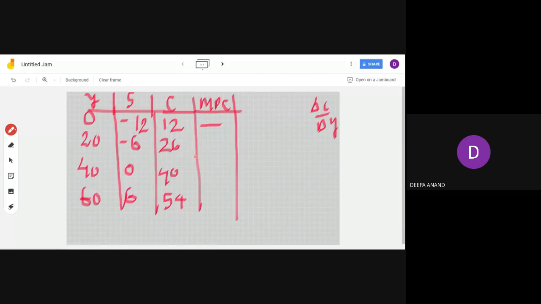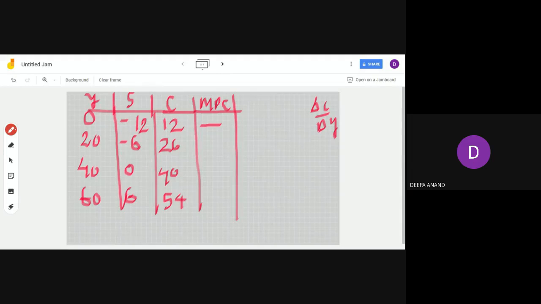Here, what is the change in consumption? You were consuming 12, now you are consuming 26. Your income has changed from 0 to 20, and your consumption has changed from 12 to 26.